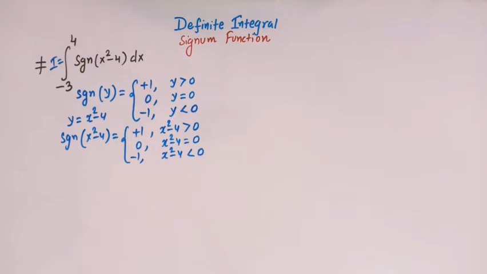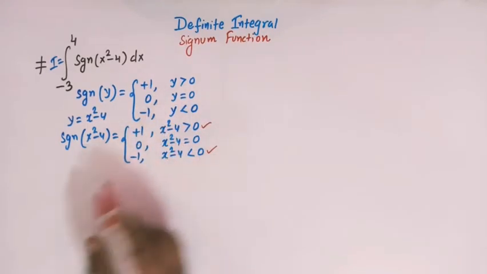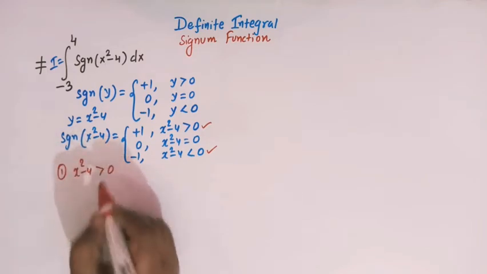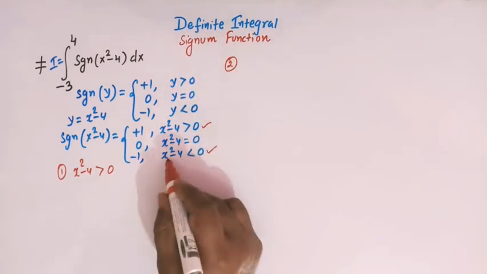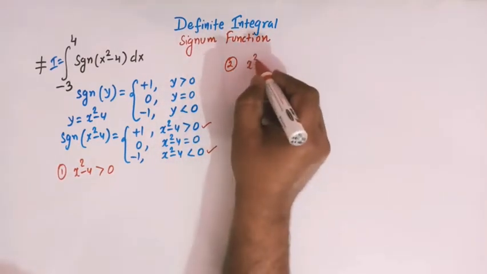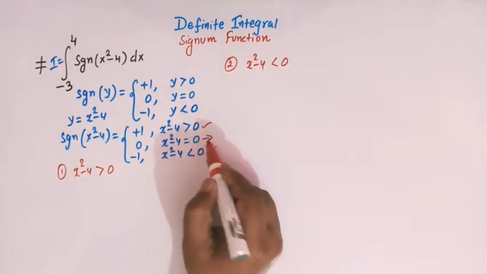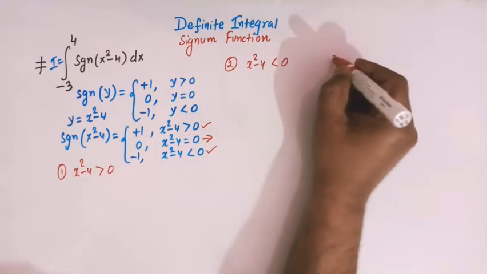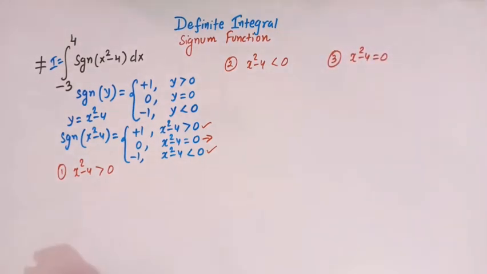Here we can easily observe that we have two inequalities. The first one is x square minus 4 greater than 0, and the second one is x square minus 4 less than 0. And we have a quadratic equation, x square minus 4 is equal to 0.